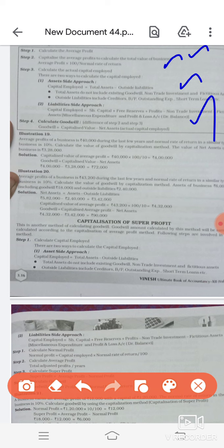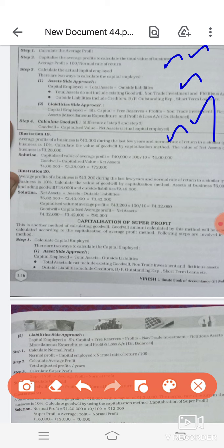Okay, and to calculate the value of goodwill under the capitalization of average profit, capitalized value minus net asset, that is the actual capital employed, that is the difference of step 2 and step 3. From step 2 we will calculate the capitalized average profit, which is also called the capitalized value.